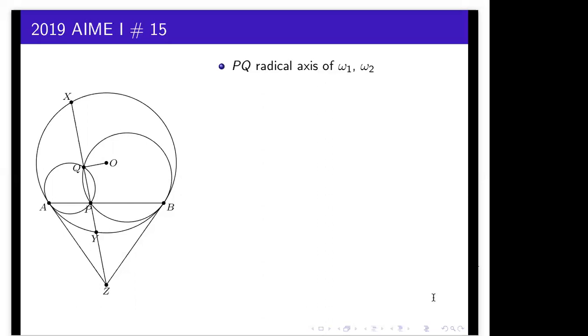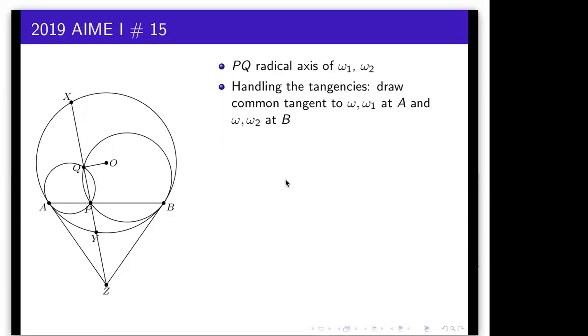The radical axis of omega 1 and omega 2 is PQ. The radical axis of omega and omega 1 is their common tangent at A. And the radical axis of omega and omega 2 is the common tangent at B. And so by the radical axis theorem, they're going to concur at a point C.